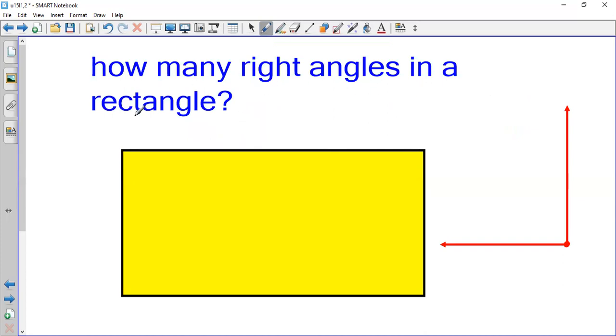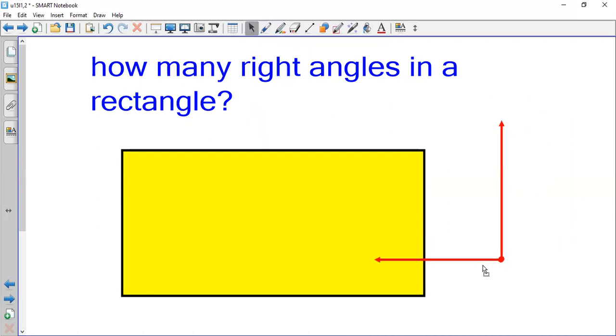How many right angles are in a rectangle? We will use our prepared right angle here. Remember, we put the vertex on the vertex and the side on the side. And look at the other side.